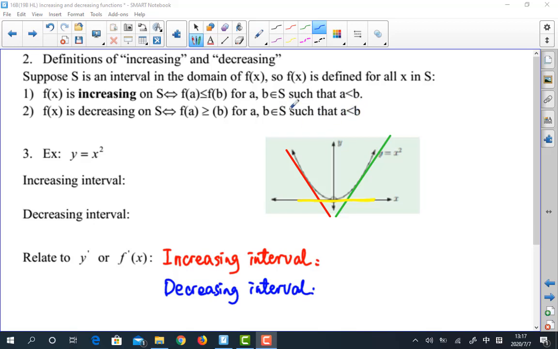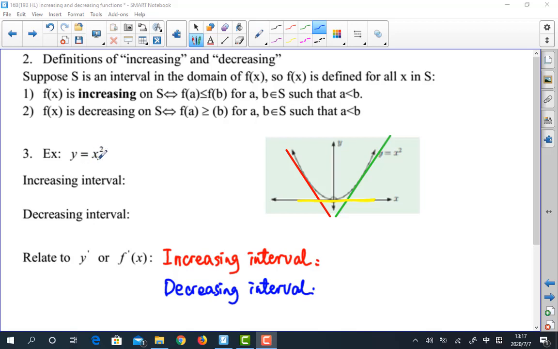This means when f(x) is decreasing on a subinterval of the domain, when x is getting larger and larger, your y value is getting smaller and smaller. So in this case, this interval is the decreasing interval.